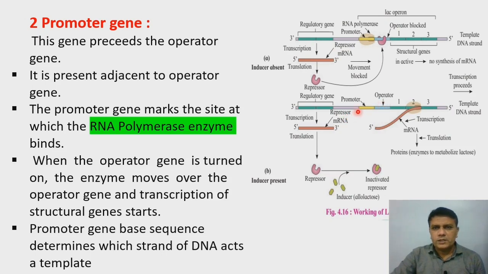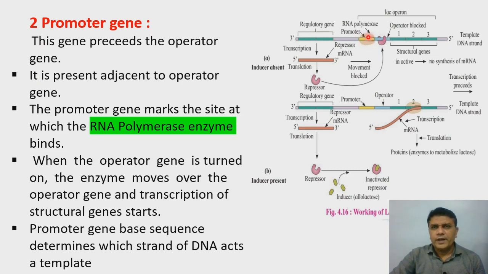Now the promoter gene marks the site at which the RNA polymerase enzyme binds. Here we can see the promoter, and on this promoter RNA polymerase binds.